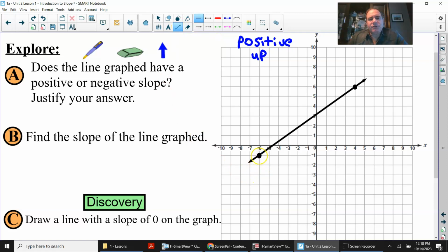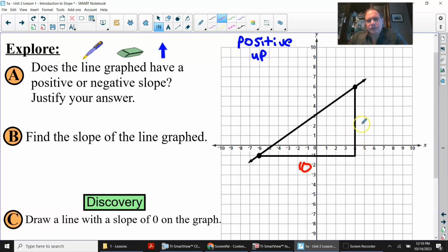To find the slope of this graphed line, I'm going to go to the right and then up. By the way, you can go up and to the right, it doesn't matter. At this point, I'm going to count 1, 2, 3, 4, 5, 6, 7, 8, 9, 10. So this is 10.